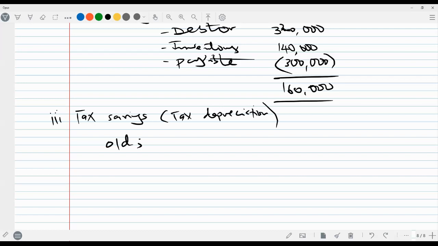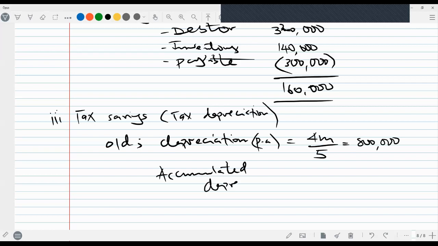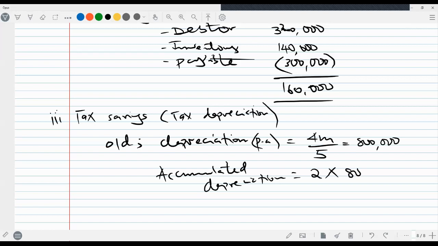Therefore, we can say the depreciation per year, and by depreciation, I don't mean accounting depreciation, I mean tax depreciation per year, was equal to the cost of the asset, which was 4 million, divided by 5 years. So every year the depreciation was equal to 800,000. It has already been used for 2 years. Therefore the accumulated, already claimed tax depreciation is equal to 2 years times 800,000.